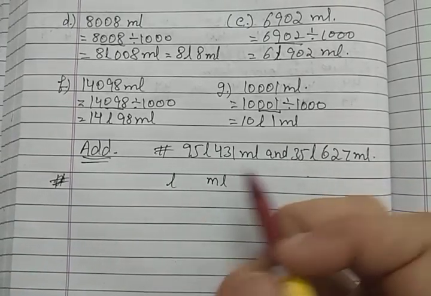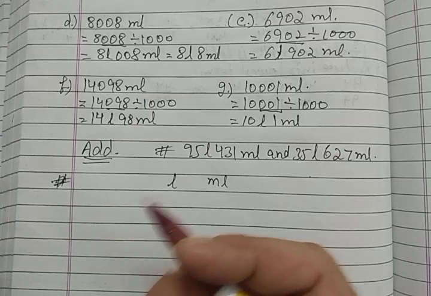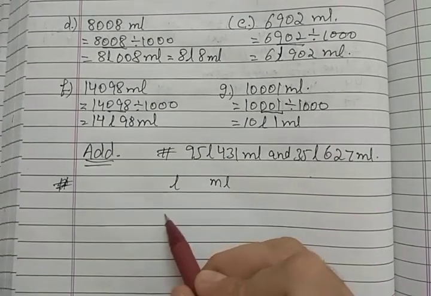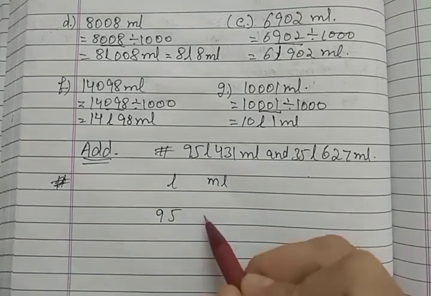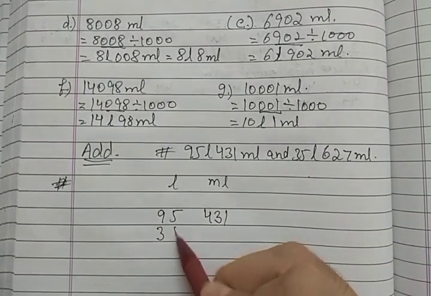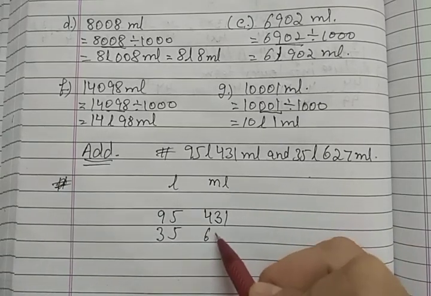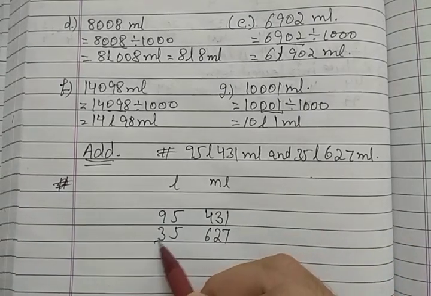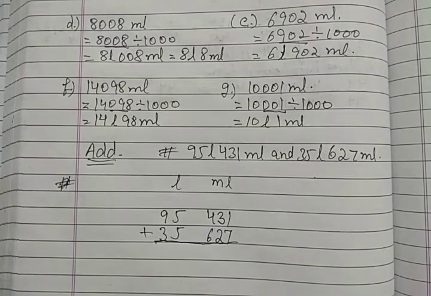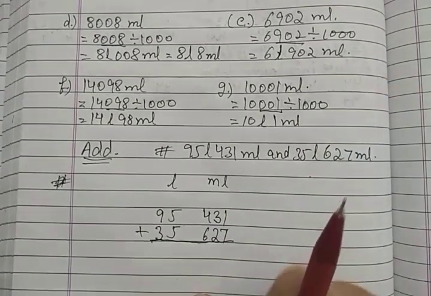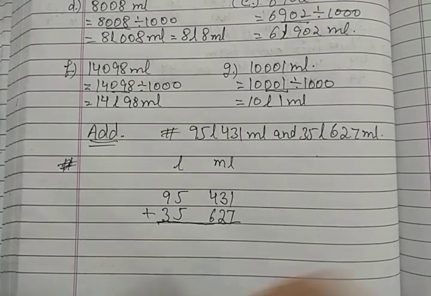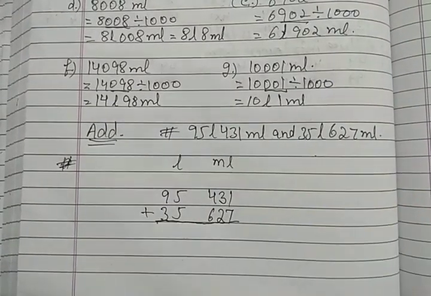Now in addition we can write any number first, we do not need to compare which one is greater. So we'll write like this, 95 liters and 431 milliliter, and here 35 liters and 627 milliliter. Now we have to add them. So what we have to do now? Very easy. First of all we will start adding the milliliters.